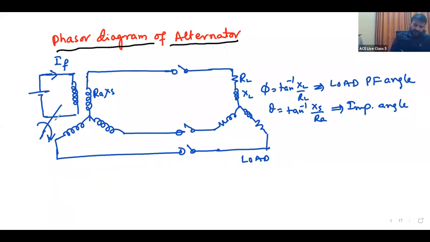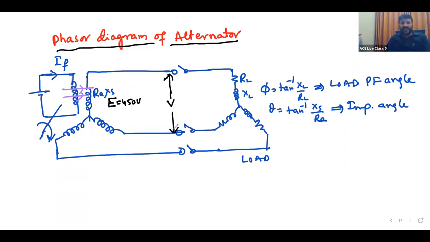See, when we give DC excitation, it produces the flux, and when the machine is rotating, it will generate the voltage E. For example, say E is 450 volts. Then what is the terminal voltage? The terminal voltage is also the same, 450 volts.